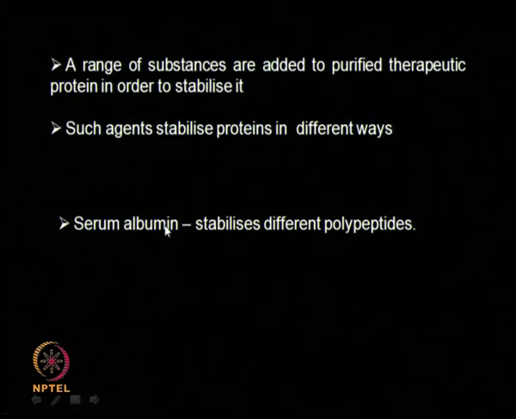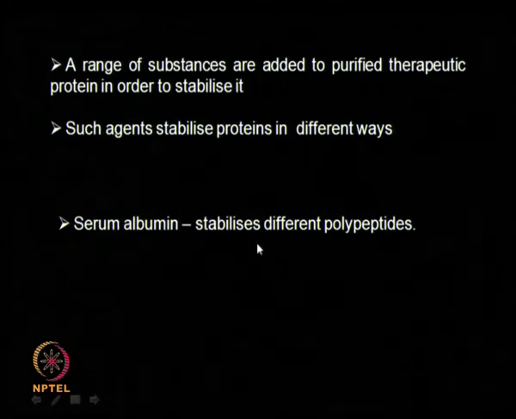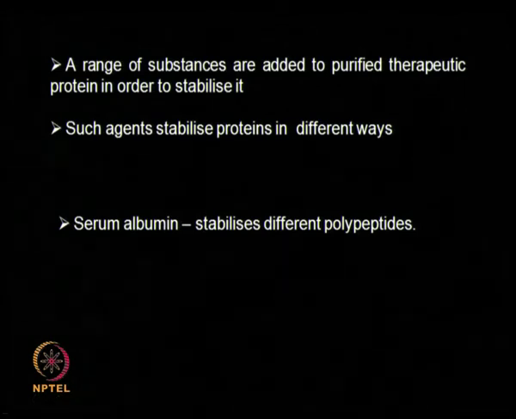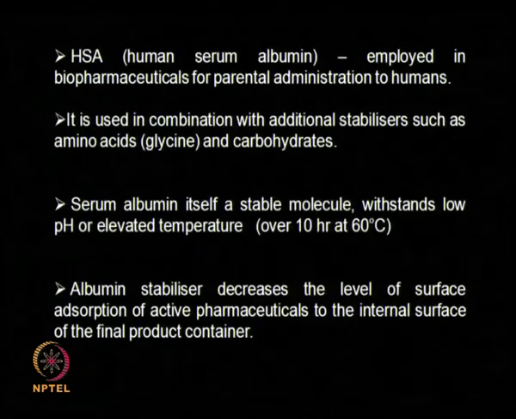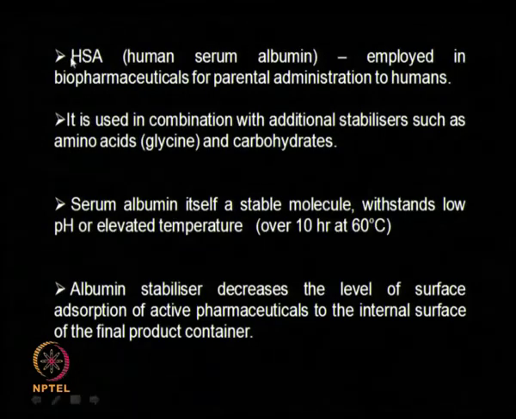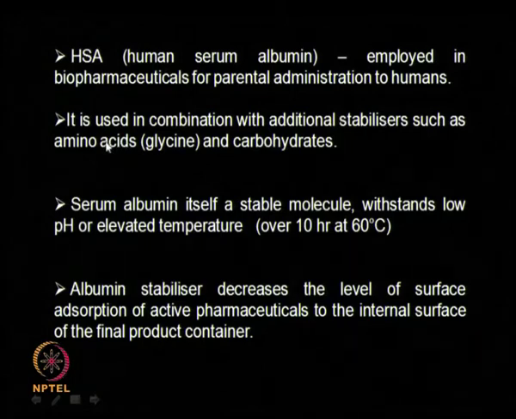Human serum albumin is used in many places for preventing the deactivation of therapeutic proteins and different polypeptides. So they are quite widely used in biopharmaceutical products, pharmaceutical products which are used for administering to humans. They are also used in combination with other stabilizers such as amino acids like glycine or even carbohydrates.